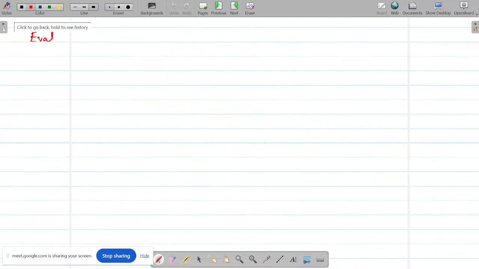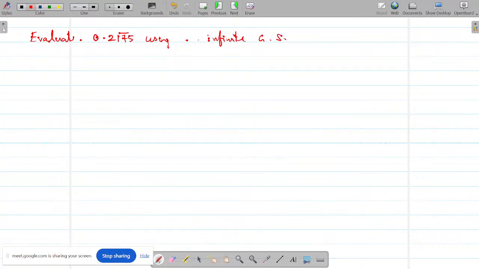So the question here is, evaluate 0.2175 bar using the sum of infinite geometric series.